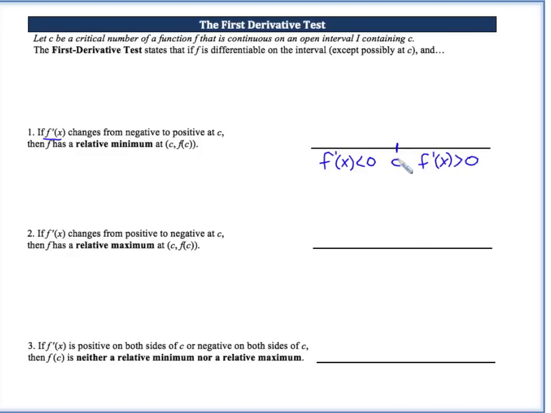Now what do we know f prime of x is at c? Well, we would know f prime of x equals 0 right here. So if we were to graph this, we know this is a decreasing function here. So we know this function is decreasing until we get to c, where it's 0, and then we would know it's increasing afterwards.